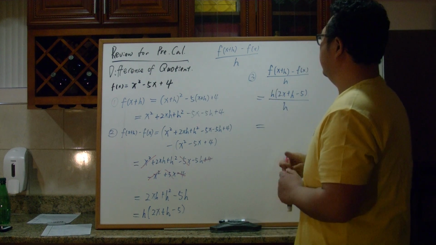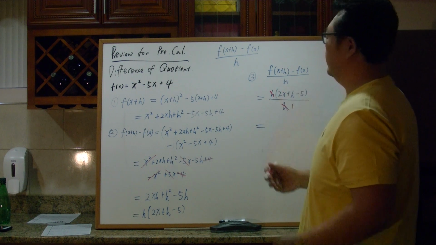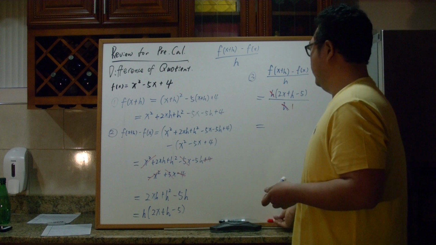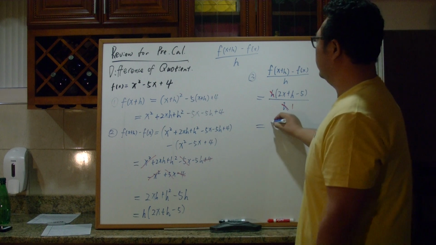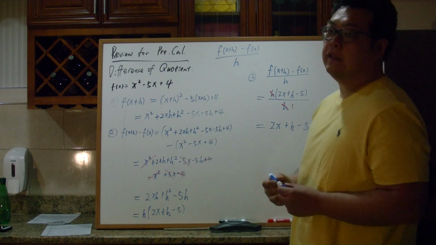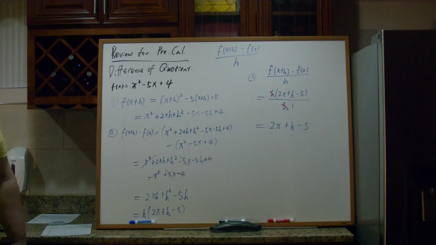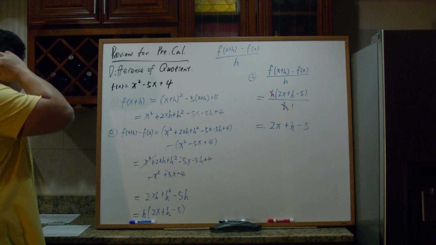The denominator is cancelled out, which is just 1 here, and when we divide every term by 1, we get just 2x plus h minus 5. Right? That's what we left over.